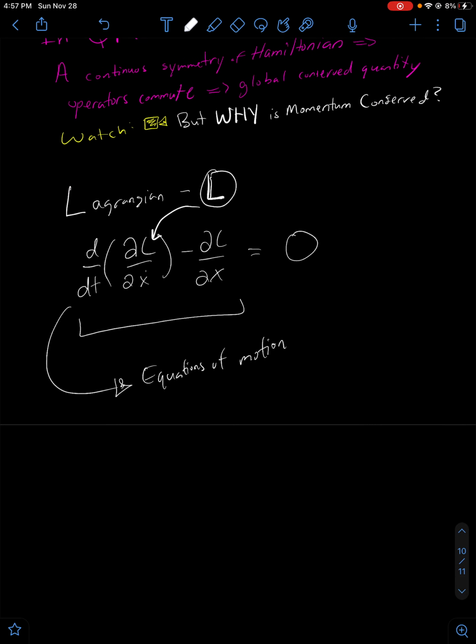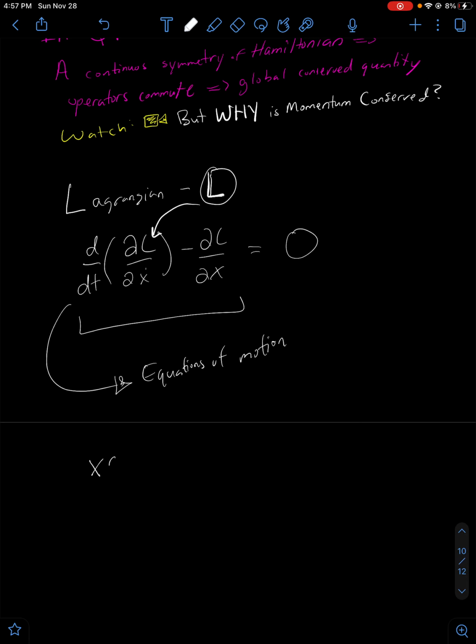So for example, the equation of motion for a system that's under the gravitational force would be x of t is, I believe, 1/2 g t squared plus v t plus x naught. This is the equation of motion for a particle or object that's under the force of gravity.